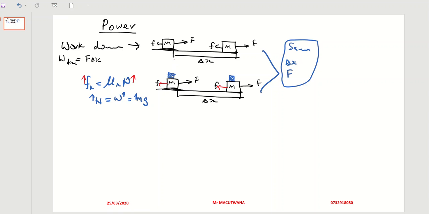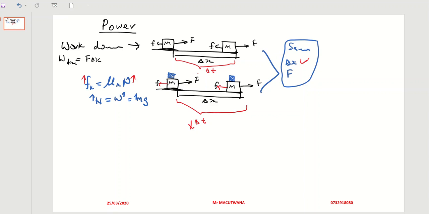So for instance, if you check here now, your delta T, to cover the same displacement, it will not be as fast. So it means here your delta T would be increasing.